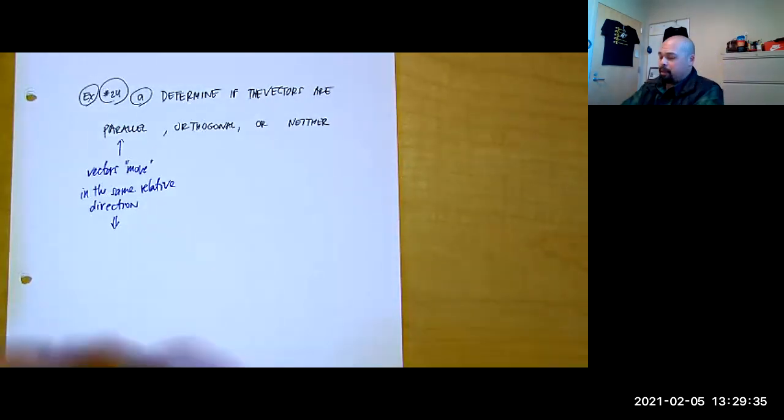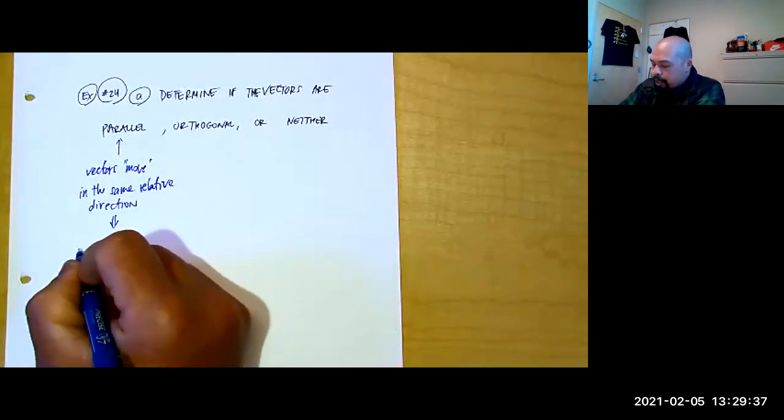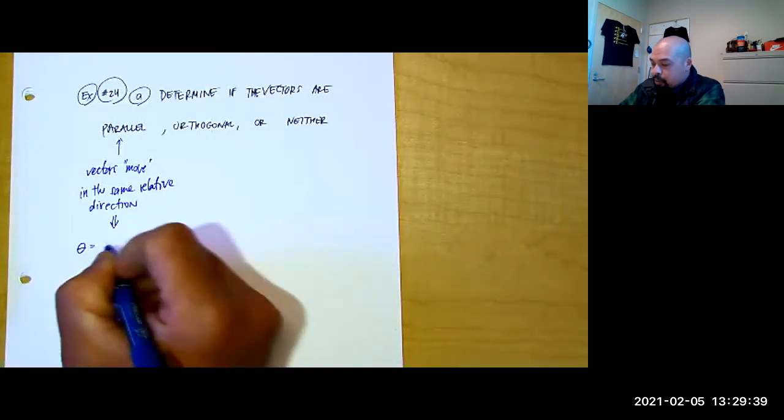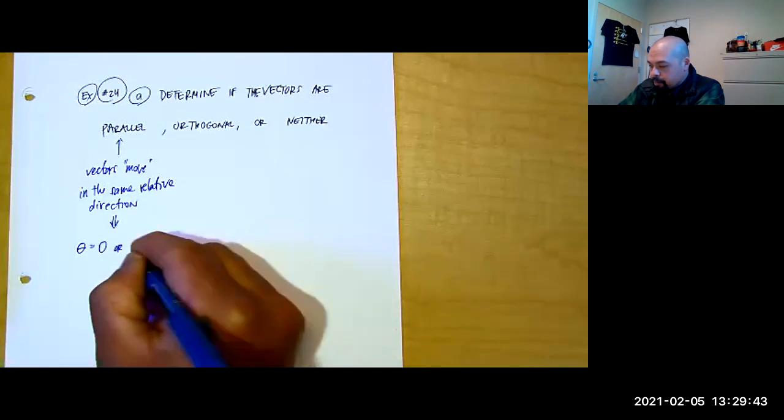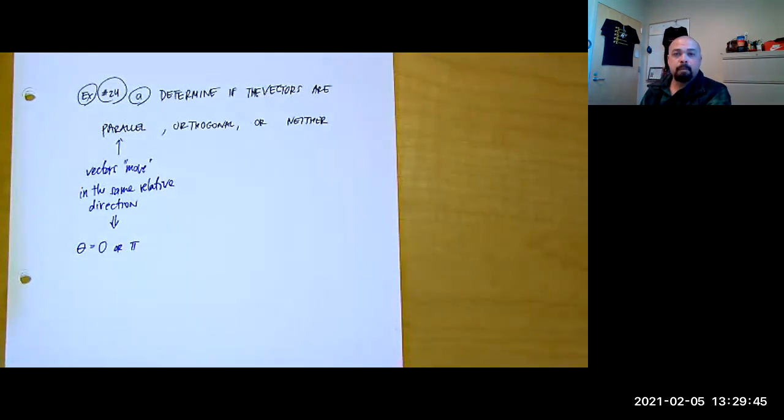If they're going the same direction, right, our theta is going to be equal to 0 or pi, 180. Okay. They're going to be either both going the same way or one's going to be backwards, right? 180 degrees, opposite direction, but same relative line.